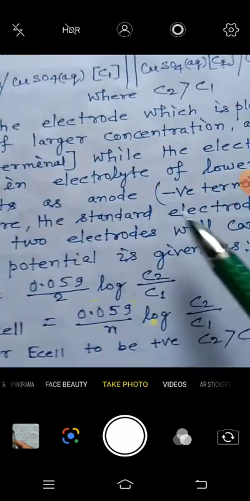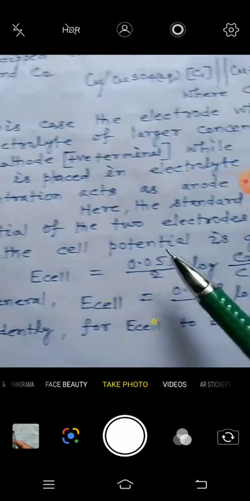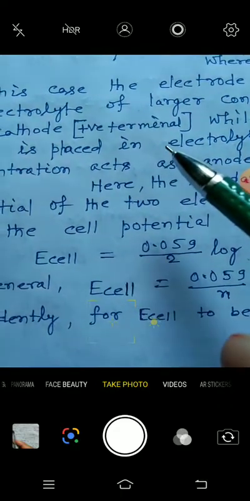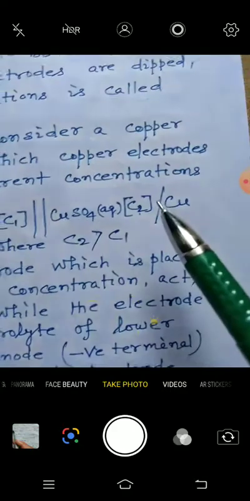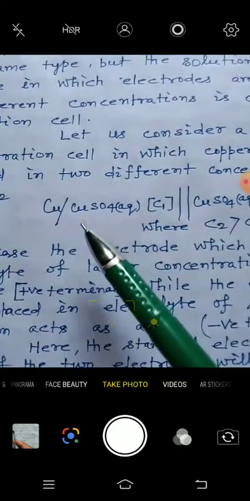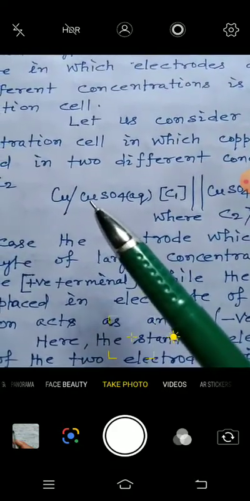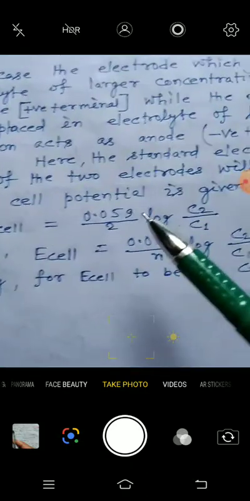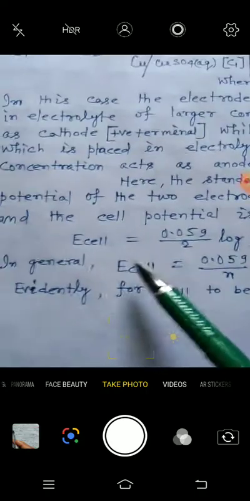Here the standard electrode potentials of the two electrodes will cancel, because the same types of electrodes have been used on both sides, so that term will cancel from the relation.